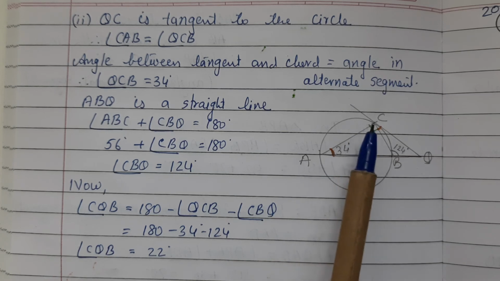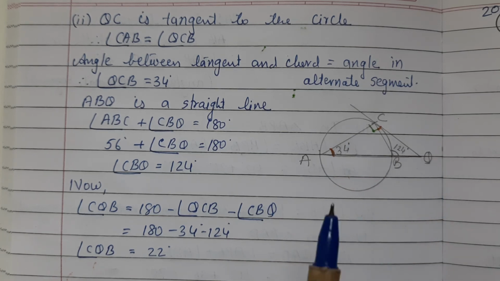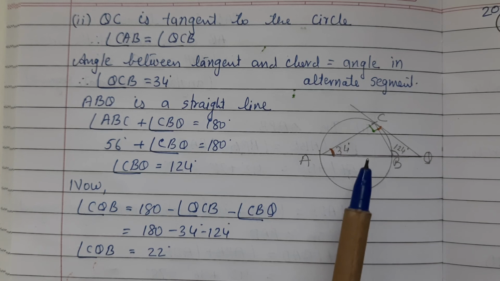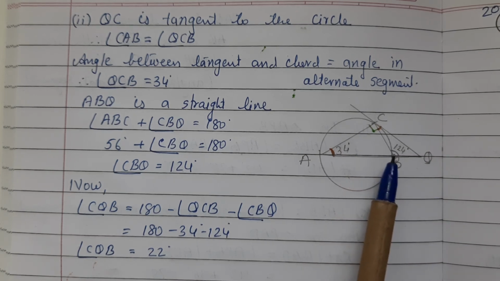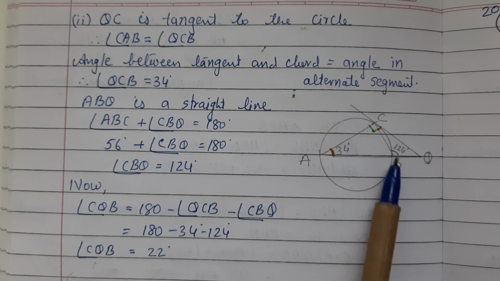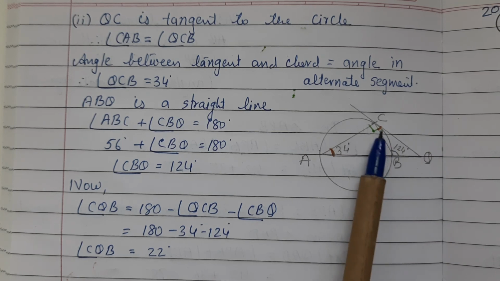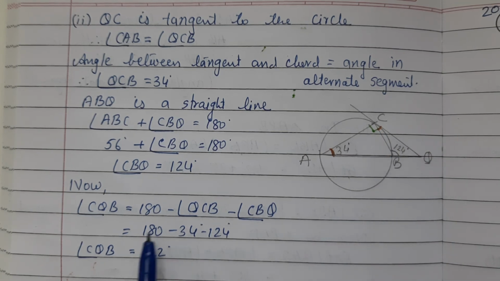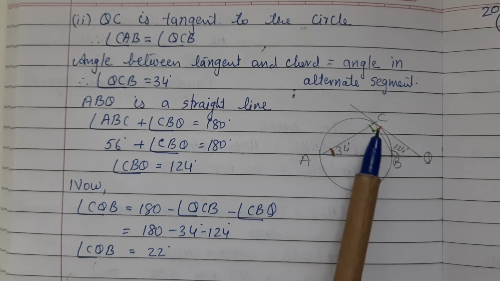Therefore angle CBQ is 124 degree. Now angle CQB is equal to 180 minus angle QCB minus angle CBQ, which is equal to 180 minus 34 minus 124. Angle CQB is equal to 22 degree.